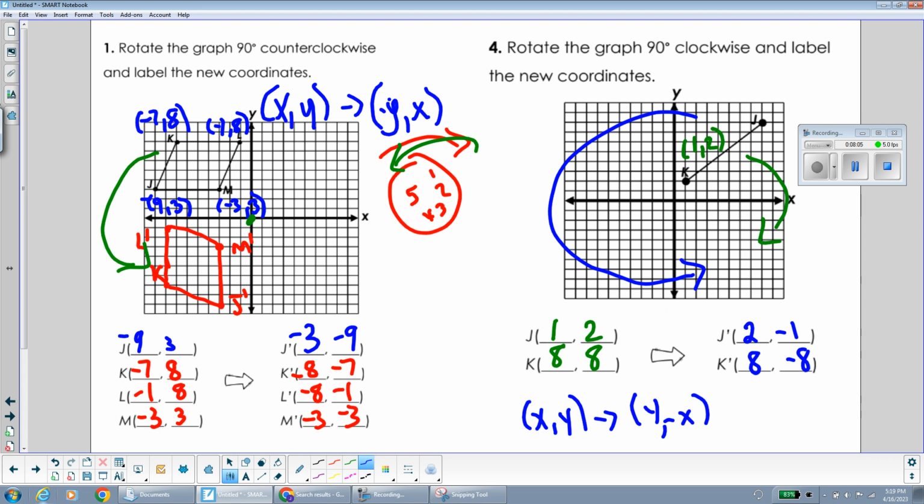And if we do graph it, I know I made a mess of this grid. 2, -1, that's point J prime. 1, 2, 3, 4, 5, 6, 7, 8. It's exactly in the quadrant that we expect it to be, so we did rotate it correctly.